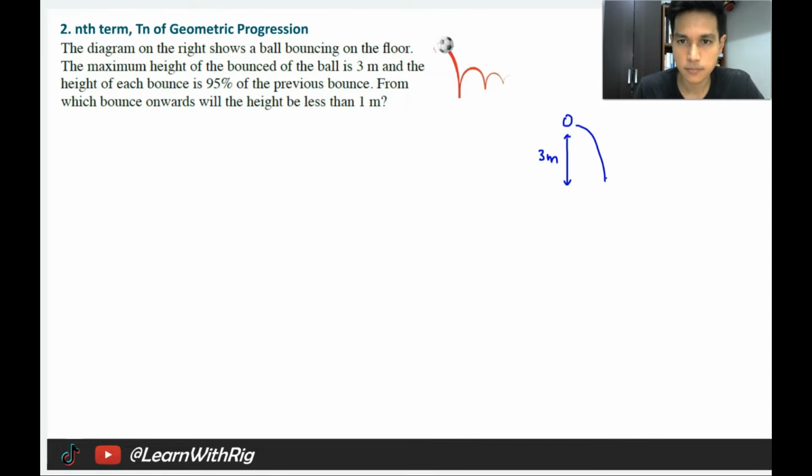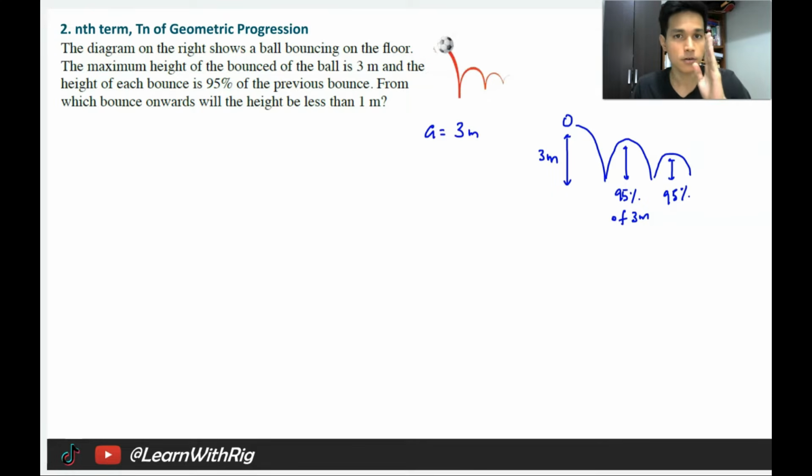And then the second bounce is going to be 95% of the 3 meters, correct? And then the next bounce is going to be another 95% of the previous bounce, correct? So what do you understand from here? The first one, the highest, is 3 meters. So A is equal to 3 meters.